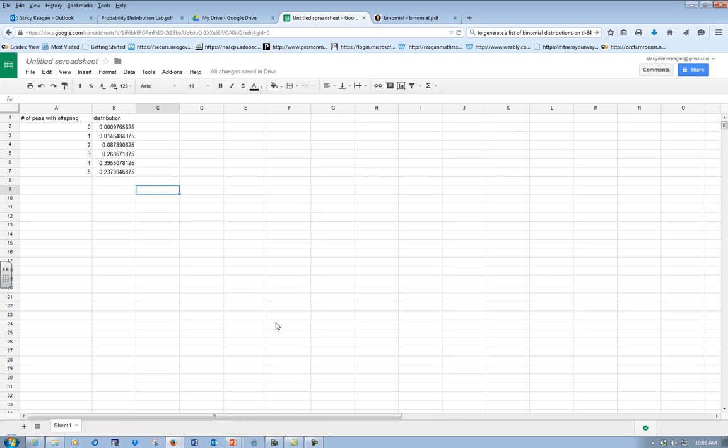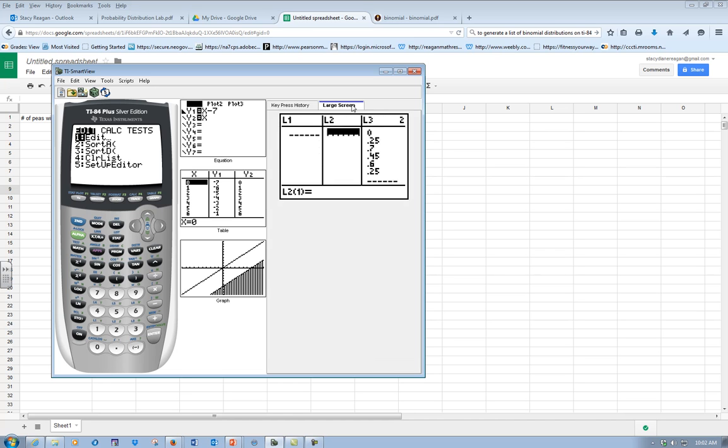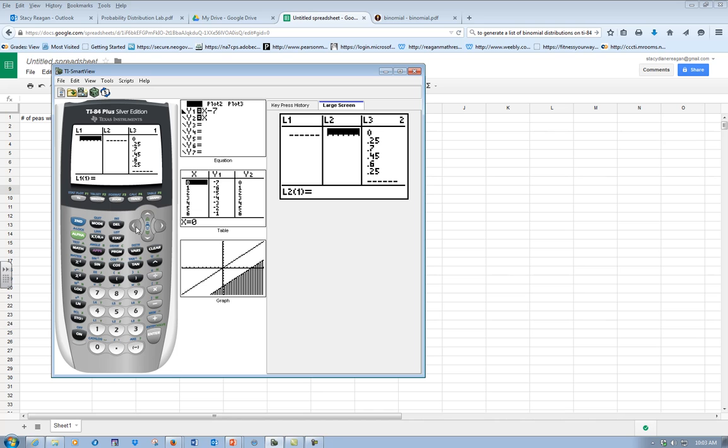If we were going to try to do it on our calculator, let me pull up the calculator. First, you would want to hit your stat button, and you're going to put a list in there. Let me make this bigger so you guys can see better. So we want it to say edit, so we're going to hit enter, and we're going to type those numbers in there. So I'm going to hit 0, enter, 1, enter, 2, enter, 3, enter, 4, enter, 5, enter.